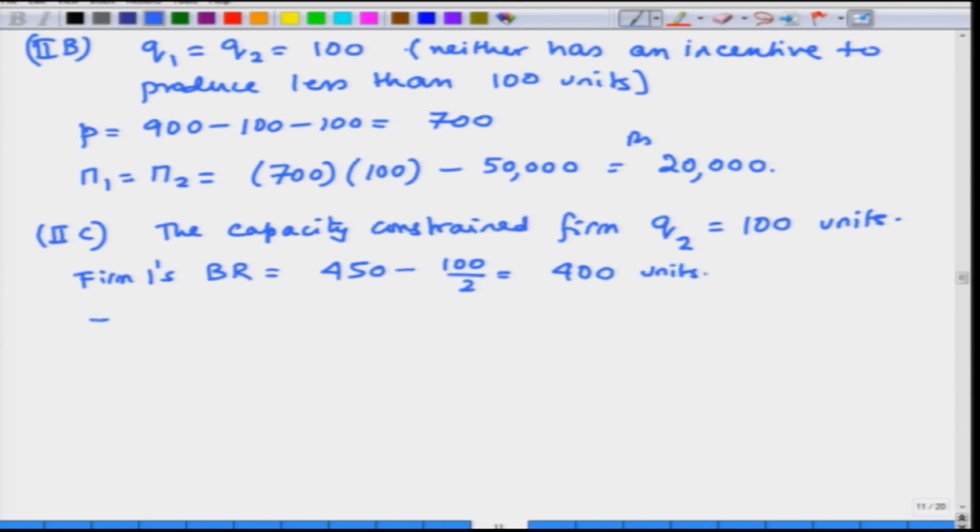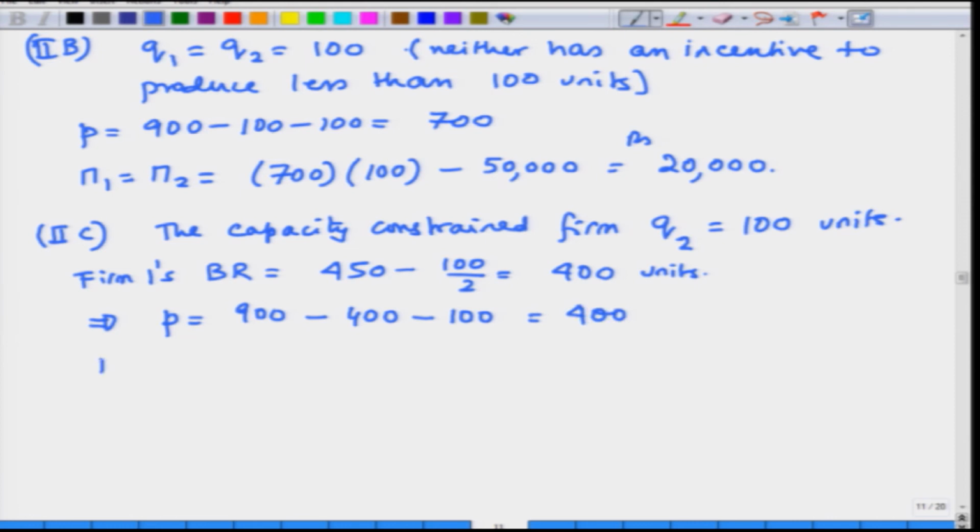So, this implies that the price is 900 minus firm 1's output, which is 400, minus firm 2's output, which is 100. So, that is rupees 400 per unit.